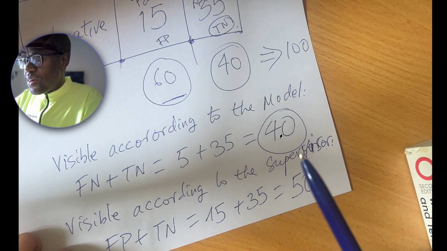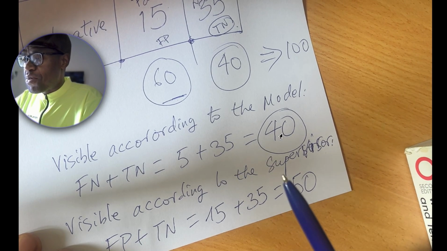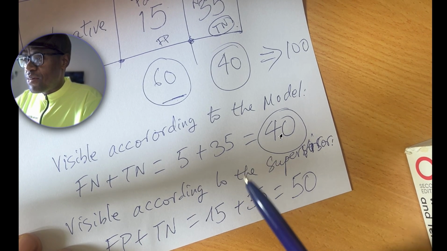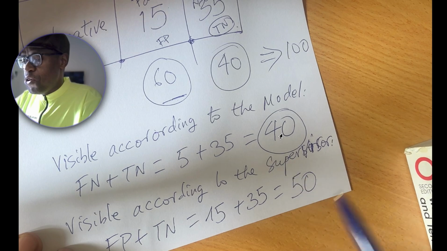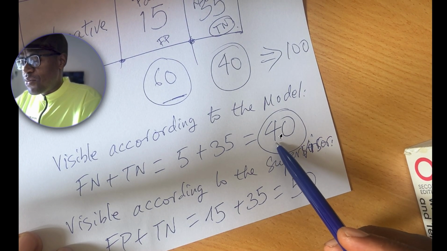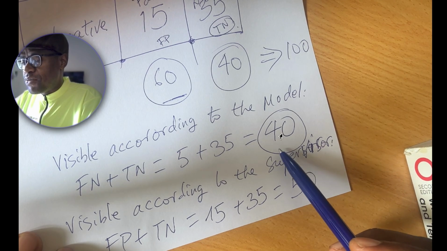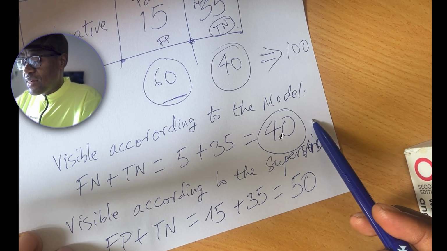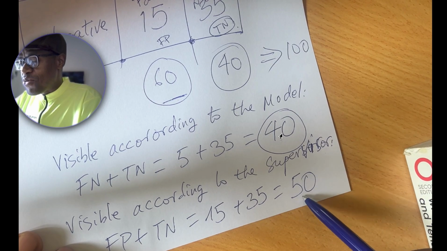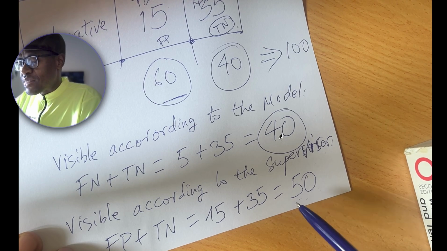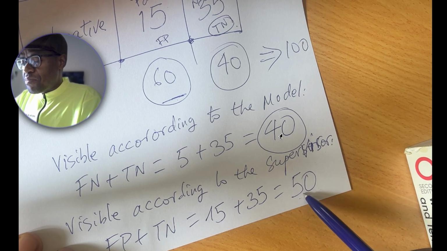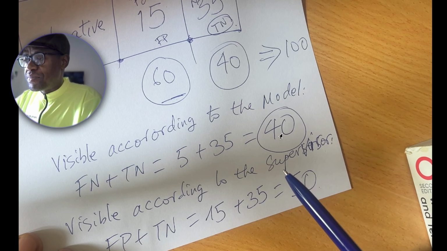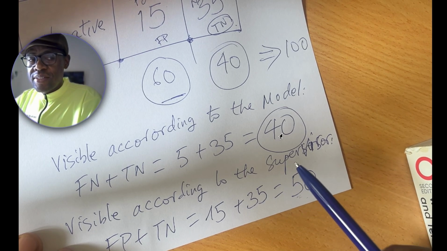Since in the question we didn't specify which perspective we are defining visible, 40 is correct if we are seeing it from the perspective of the model, and 50 is correct also, because from the perspective of the supervisor, 50 is the correct answer. So both answers are correct.